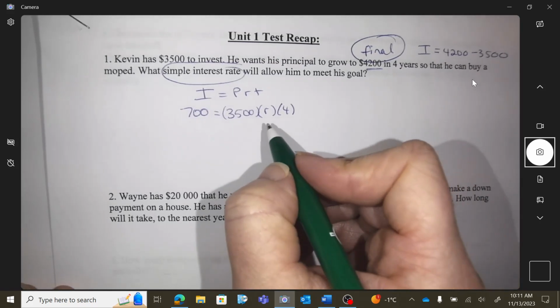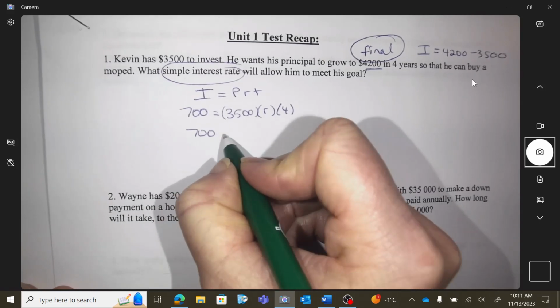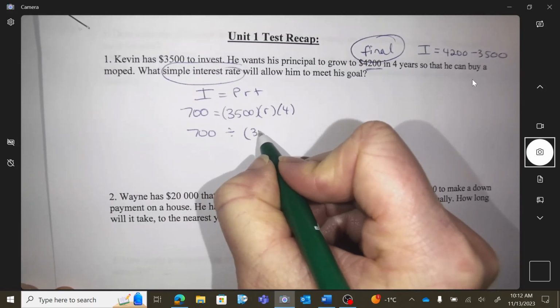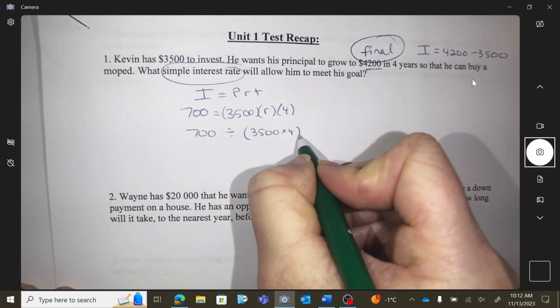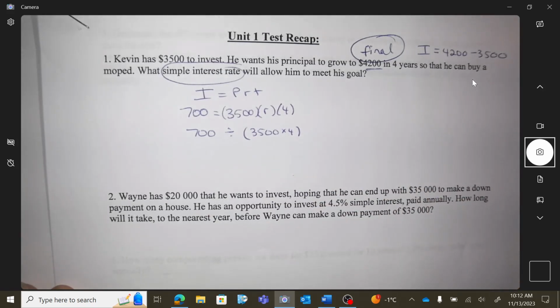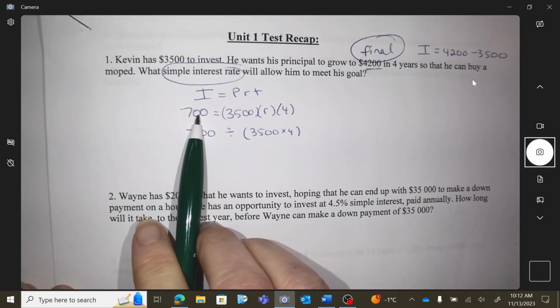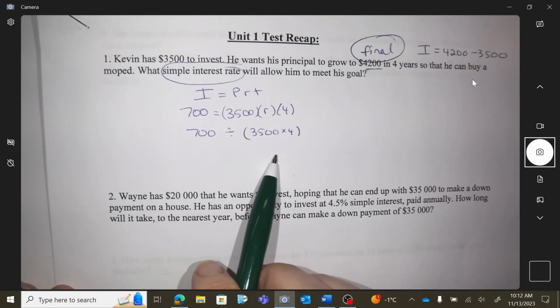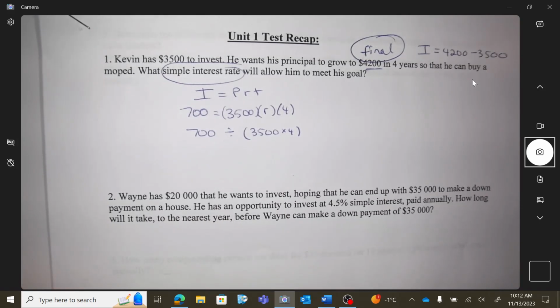Okay, on my calculator, I would be doing 700 divided by brackets, right? That make sense? Because you'd have to divide by this and that together. Okay? You should know your answer should be reasonable. It should be a decimal, right?